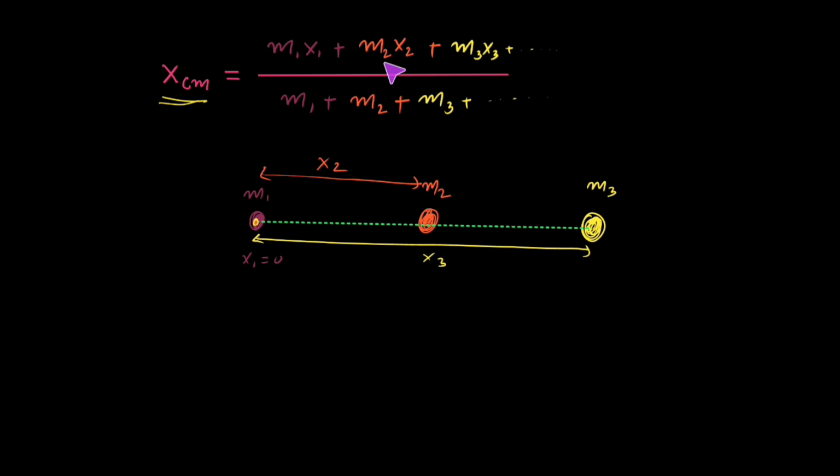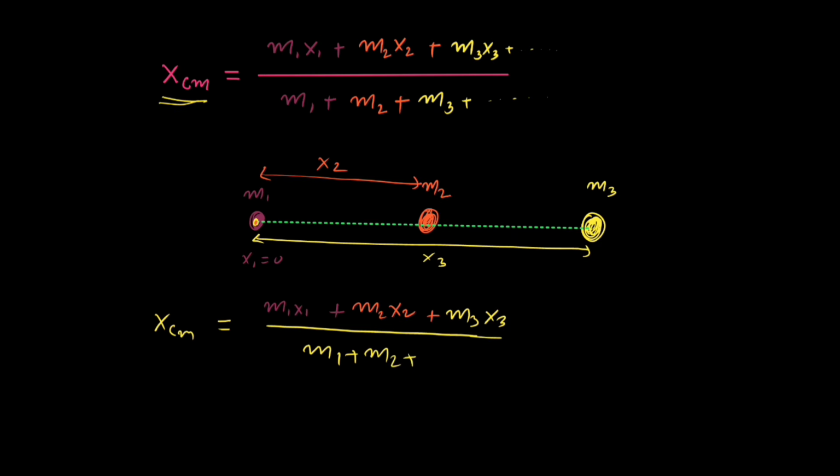If we put the values into this formula, xcm would be equal to m1 into x1, which is 0, plus m2 into x2, the distance from the assumed point to mass m2, plus m3 into x3, the distance from the assumed point to mass m3, divided by m1 plus m2 plus m3. So this term would become 0. That's why I'm saying to always try to mark the point on any one of these three masses. This way we can eliminate one of the terms in this equation.